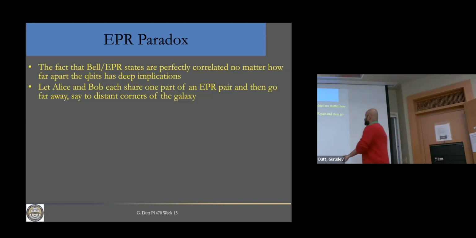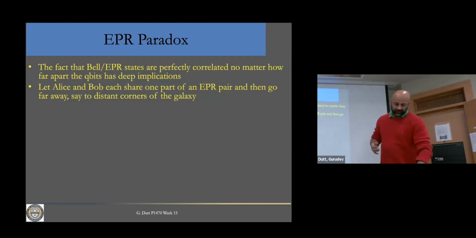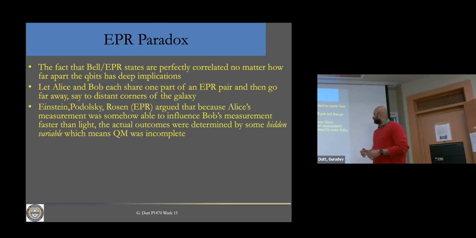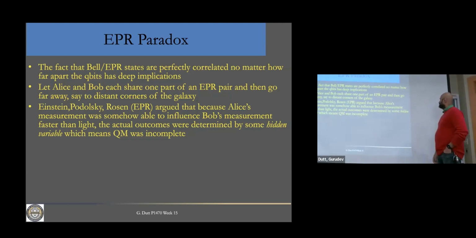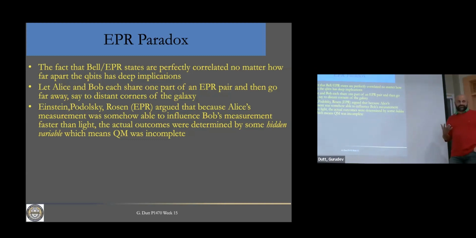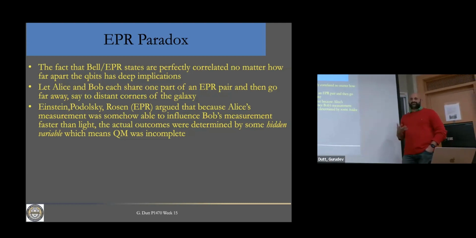So again, this is just the example that I was just telling you about. Alice and Bob have one part of an EPR pair, and they go far away to distant corners of the galaxy. EPR comes from Einstein, Podolsky, and Rosen. They wrote a paper in the 1930s which argued that basically Alice's measurement was able to influence Bob's measurement faster than light, because as soon as Alice measures the qubit and gets the state 0, we know Bob's qubit must be 0.